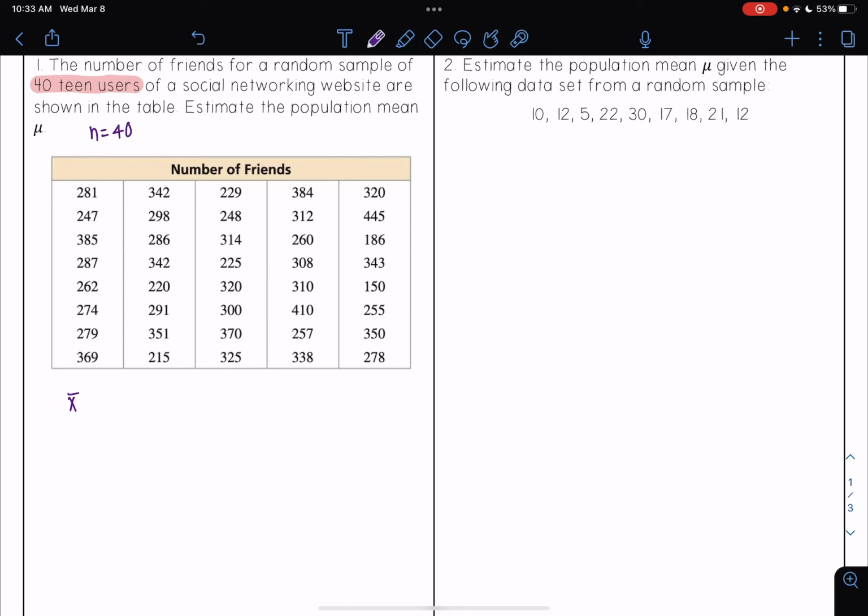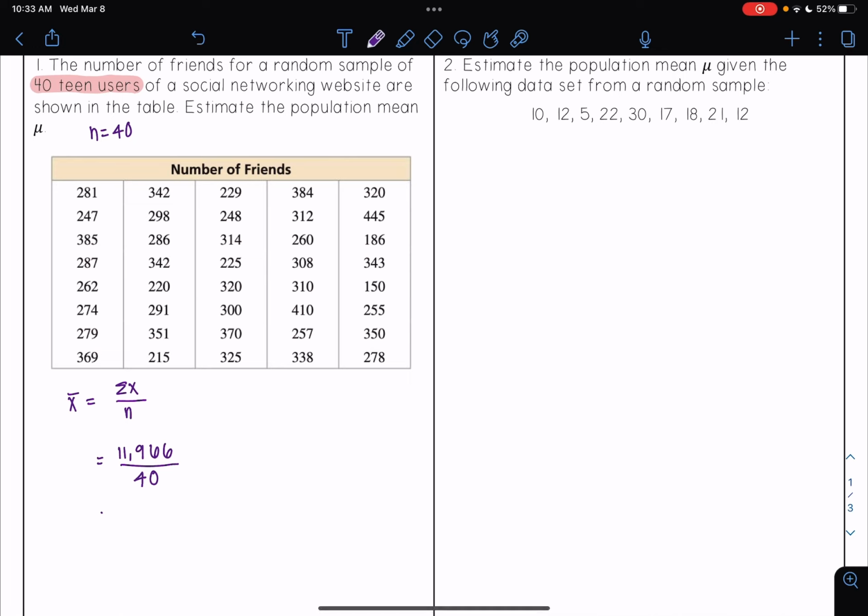And so we know that x bar is going to equal the sum of x divided by my sample size n. So to find the sum of x, I'm going to add up all of the numbers in the table. I'm not going to go ahead and show this to you, but when you add all of these numbers up, you should get 11,966. And I'll divide it by my sample size, which is 40.